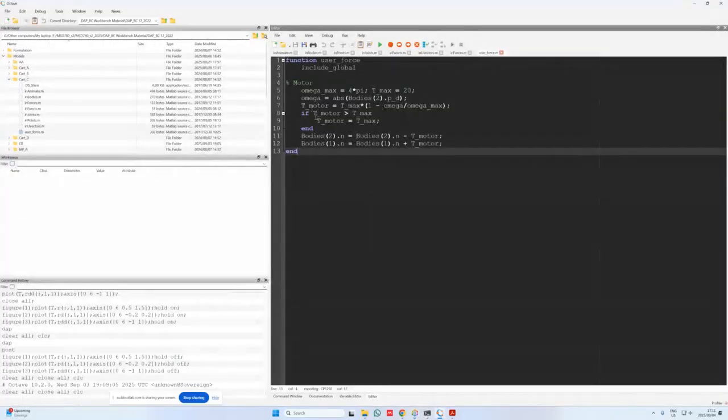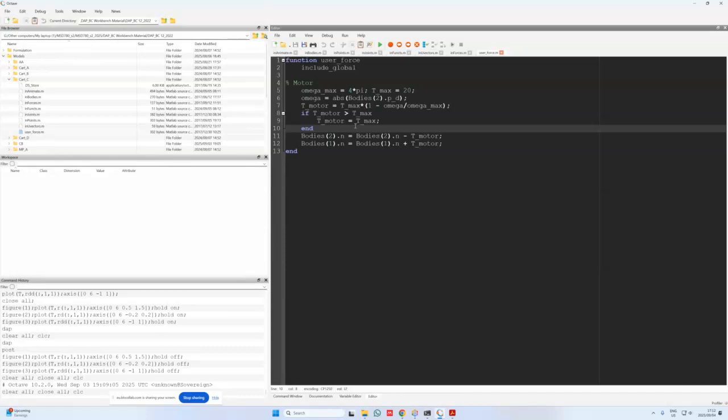Once I've calculated this, I can then just do a quick check as well, just to make sure that if the motor torque that I've calculated is greater than the maximum permissible motor torque, then I'm going to set the motor torque equal to the maximum torque. And this is simply due to the limitation of the motor itself. We can't expect the motor to deliver more power or more torque than what it is rated for, or what its maximum torque is.